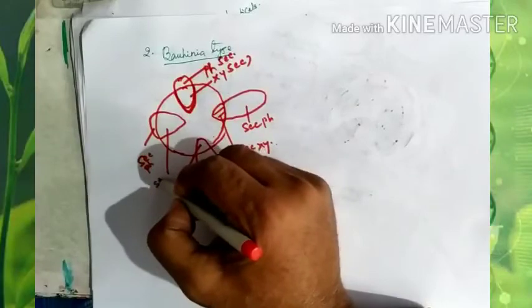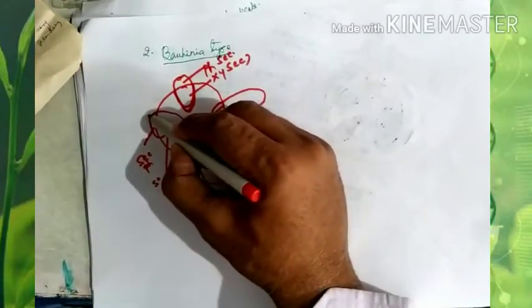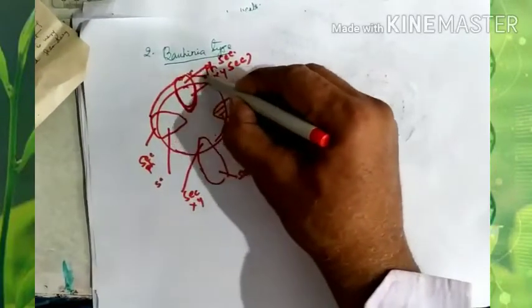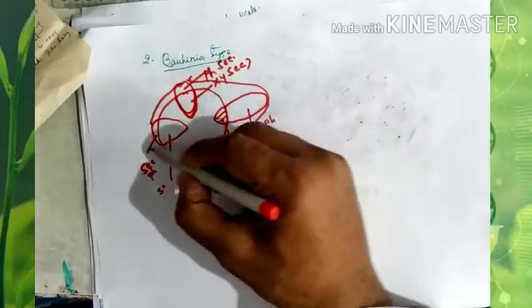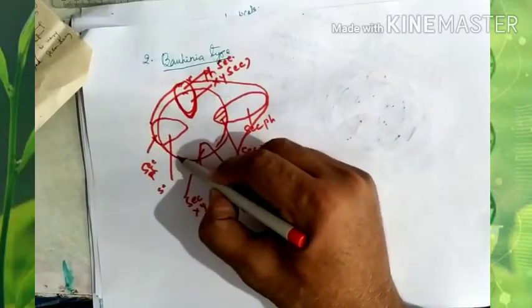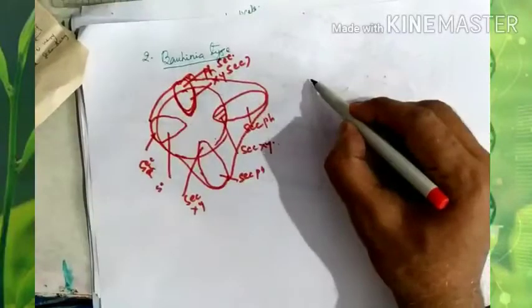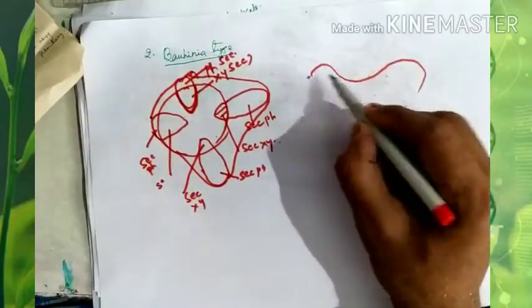Secondary xylem is greater. That leads to the formation of ridges and furrows in the stem. Here, due to this activity, secondary growth, at some points the plant shows ridges.